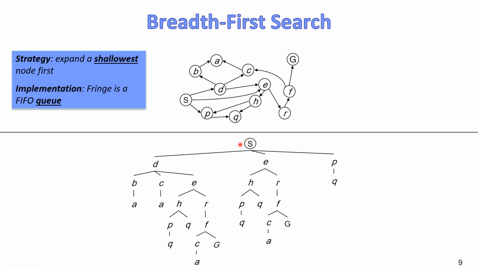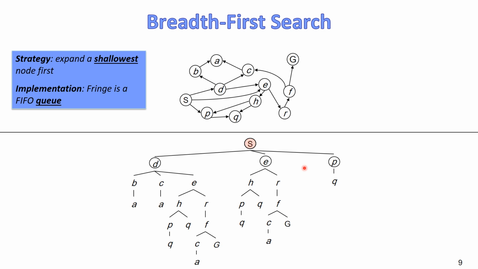We'll start with the start state. We'll expand it to D, E, and P. Now all of them are at the same tier. So the strategy of BFS is to expand the shallowest node first, the node with the least depth first. So that's completely the opposite of DFS.